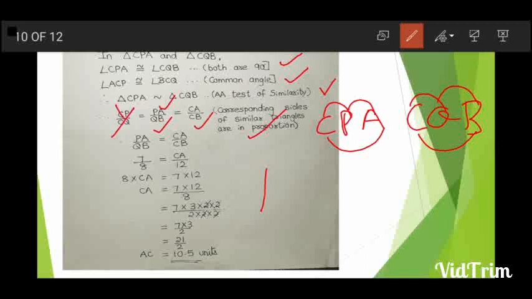So this ratio we don't want. We will leave that and continue. Then whatever values they have given, I substituted and cross multiplied and finally I've got the value of CA or AC, both are the same. Since in the answer they have asked for CA, I have replaced CA with AC.